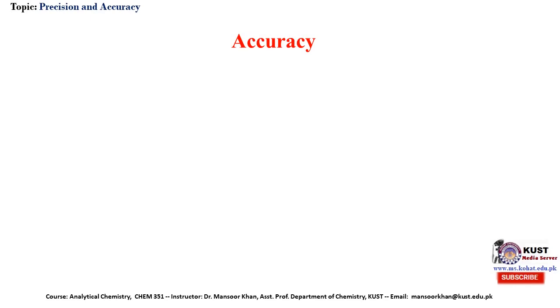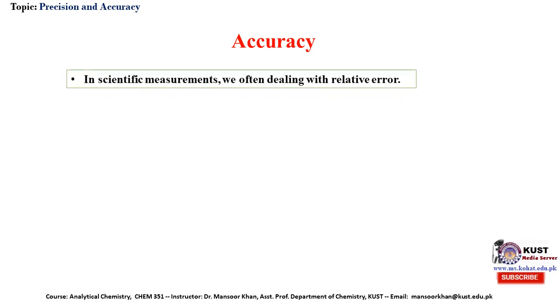This slide shows some of the importance of accuracy. In scientific measurement, we often deal with relative error. It means that relative error is often used for measurement of accuracy. We cannot use absolute error for the measurement of accuracy during scientific measurements.